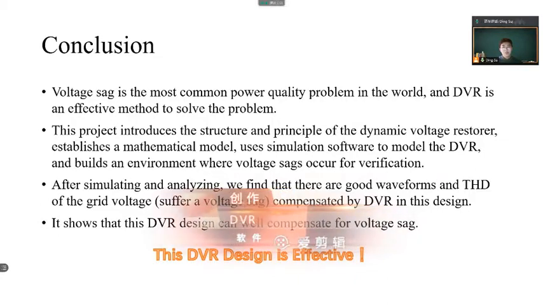After simulation and analysis, we find that there are good waveforms and low THD of the grid voltage after compensation by the DVR. They all show that the DVR design can well compensate for voltage sag. Therefore, we know this DVR design is effective.